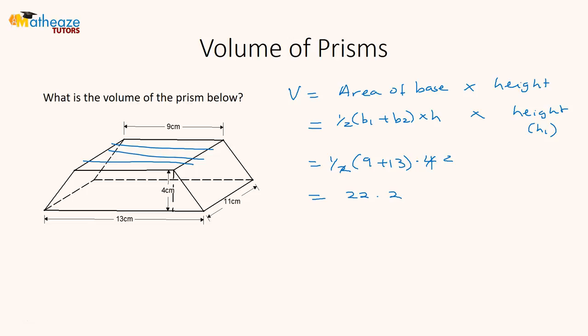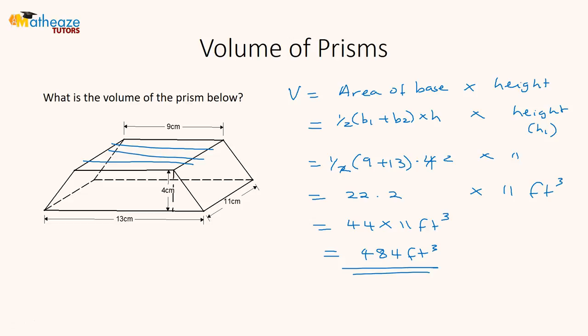And then our height here is 11, times 11 cubic feet. 22 times 2 is 44, then times 11 cubic feet is going to give us 484 cubic feet.